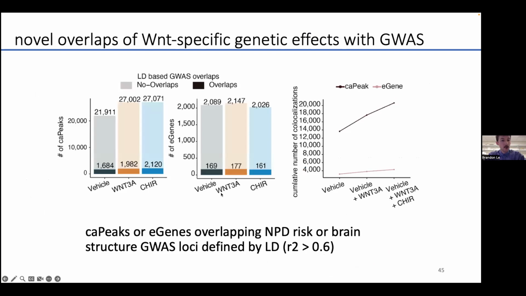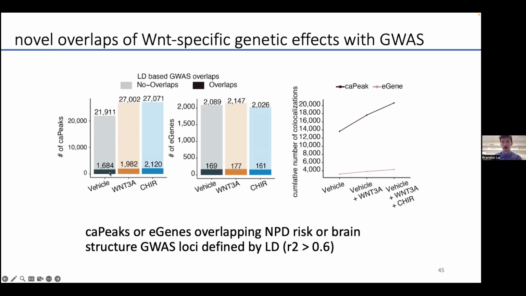The last thing that I'll talk about is how these genetically regulated peaks and genes offer new opportunities for explaining GWAS loci. So here we're looking at LD-based overlap of our QTLs with GWAS. On the left, we're looking at the total number of peaks or eGenes that we found in our study.